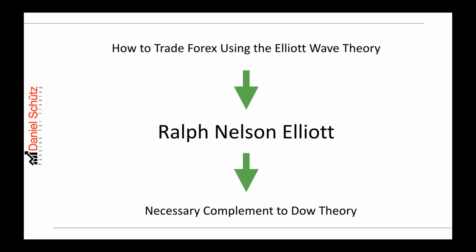And you have to go back to around 1930. Psychology was not very common at that time, and people assumed that market movements were unpredictable. And so what Elliott did was a brand new thing.